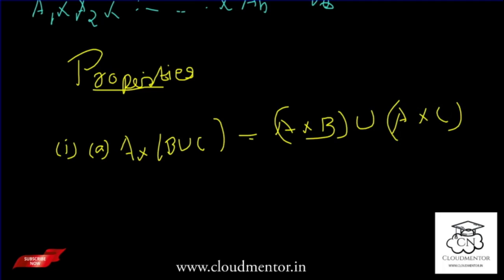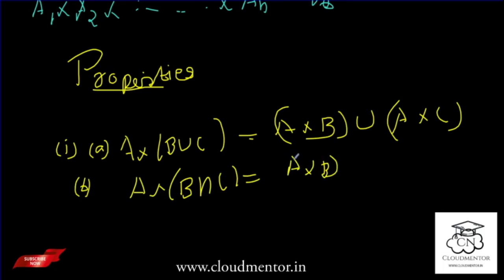It's a property, and the sub property is that A cross (B intersection C) will be equal to (A cross B) intersection (A cross C). So that's the property.